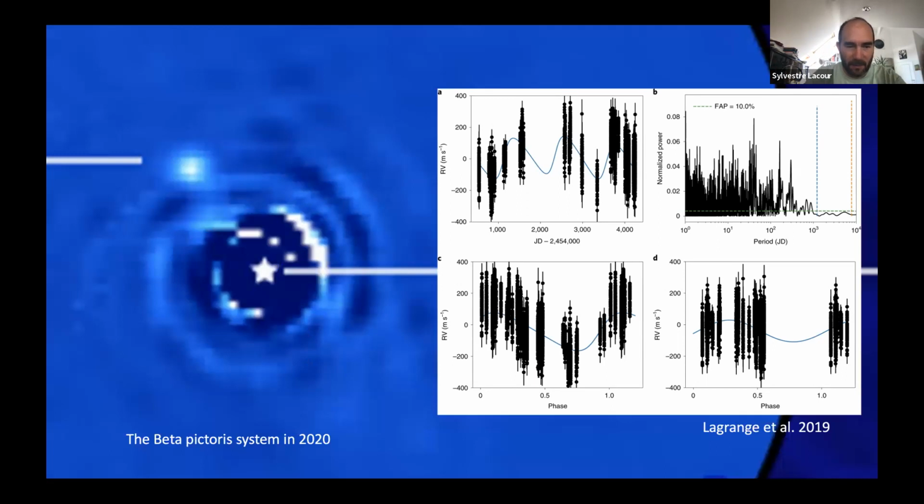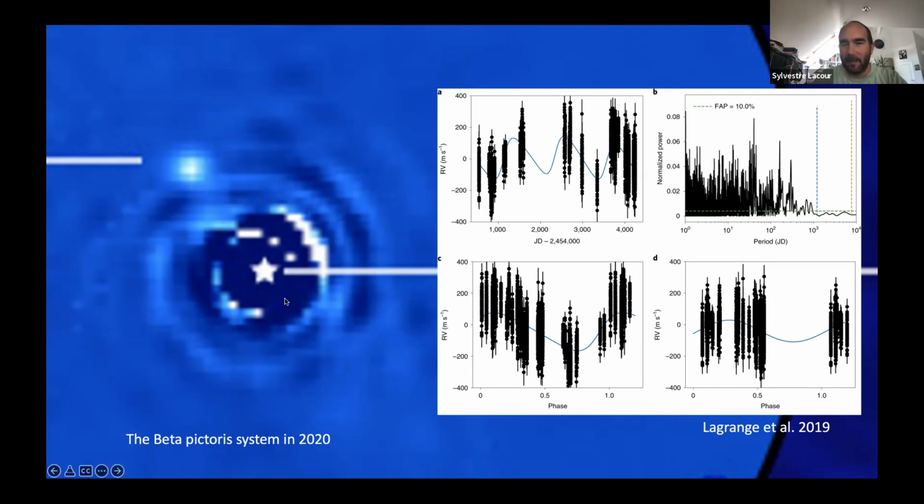So here, that's a zoom of the NACO image with b here on the upper left, which is something like 400 milliarcseconds. And we know that if we have an exoplanet orbiting around Beta Pictoris with a period of 3 years, most likely the orbit will be in the same plane as Beta Pictoris b, and you could predict a position which will be around 100 milliarcseconds in 2020 for Beta Pictoris c, which will be something here.